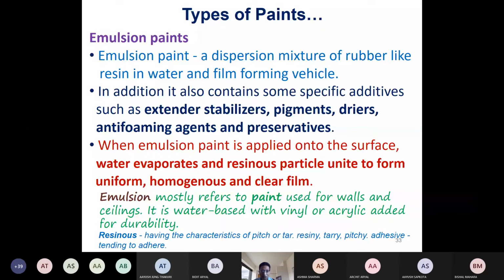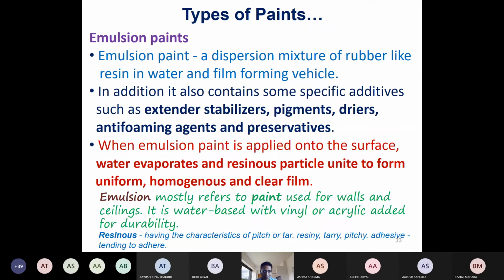Then certain substances are added to give different type of properties of paint, such as extender, stabilizer, pigment, dryer, anti-foaming agent, preservative, and these should be mixed in the immersion paint, and they are expensive in comparison to other ones.